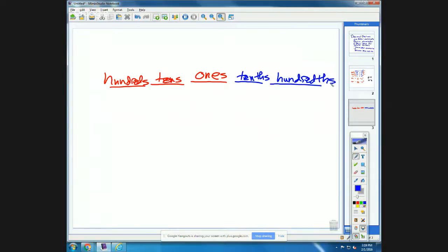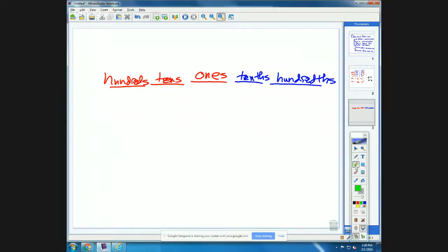And so on down the line. Now, do you guys see some symmetry going on here? Where's the point of symmetry when I write them out in words like that? When you go hundreds, tens, ones, it'd be 100, 10, 1, and then 1/10, 1/100.